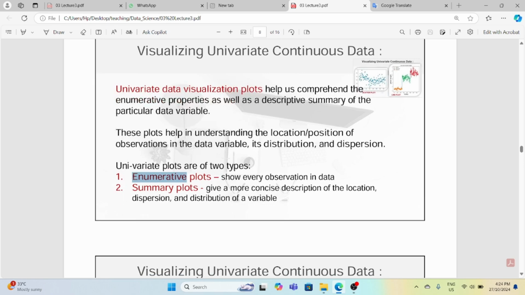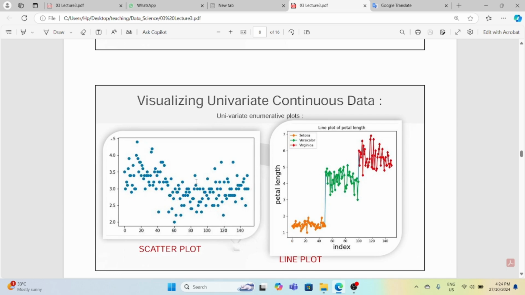Okay, univariate plots are of two types. Enumerative plots show every observation in the data. Summary plots give a more concise description of the location, dispersion, and distribution of the variables.